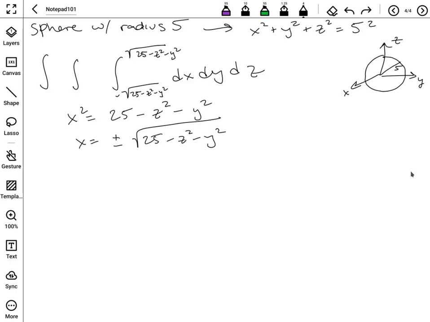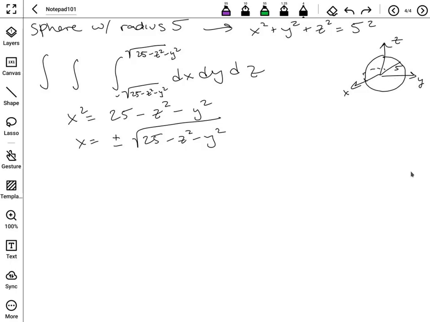Then to get my y bounds, there are two different things I can do. I can look at the widest shadow my shape casts. I would normally do it in the YZ plane like I drew, or the XY plane like I drew here.